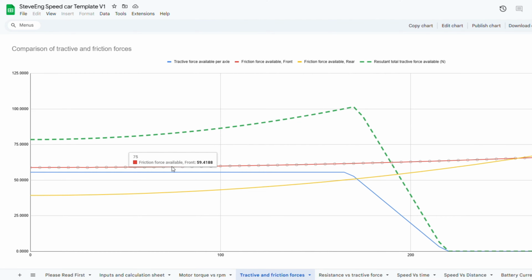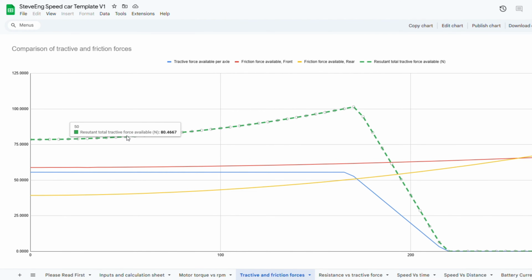But at the front we actually have more friction force available because of that extra weight on the front of the car. But the way I've set this up is that I'll assume that we're driving the car, so we're using the limit of traction of either the front or the rear wheels as the limiting amount of force that we can apply. So if you look at this one here, this is the resultant total force available to accelerate the car.